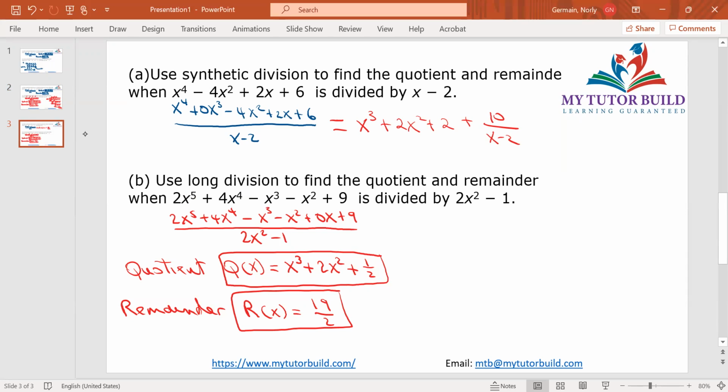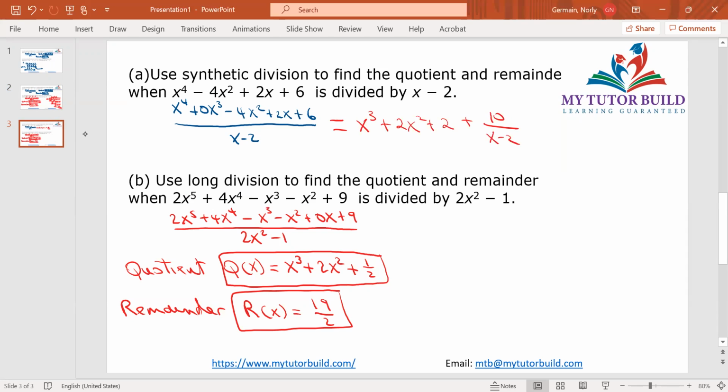This answer is for when they don't ask you to specify the quotient and the remainder, if they only ask us to perform this synthetic division.